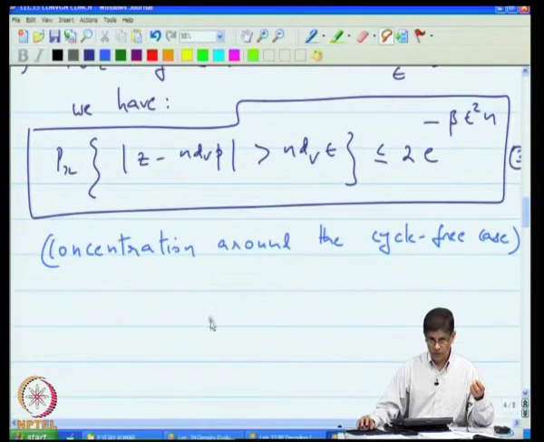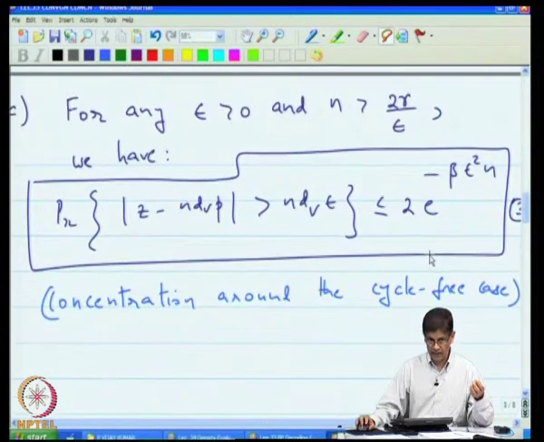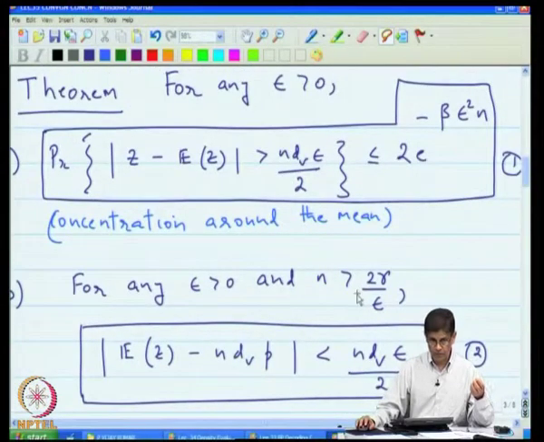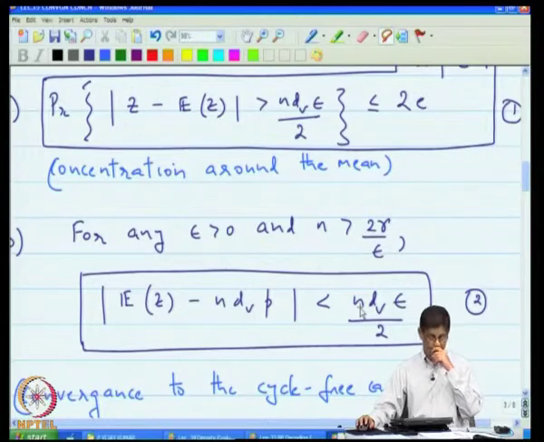That is called concentration around the cycle-free case. So the third property really follows from the first two, and we only have to prove parts 1 and 2.